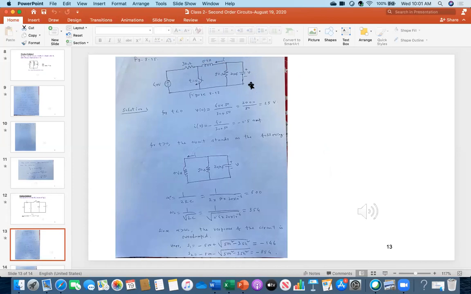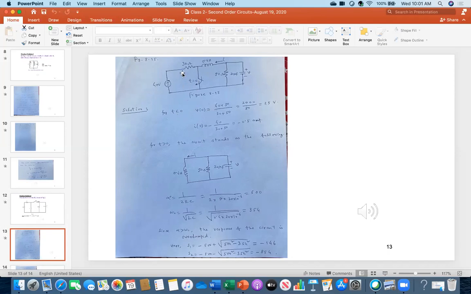No, because this is DC; it will be open circuit. So there will be no current flow, but there will be voltage across the capacitor, right? That voltage you have to find out. I am finding that for t less than 0, which means before closing the switch, when it was open.